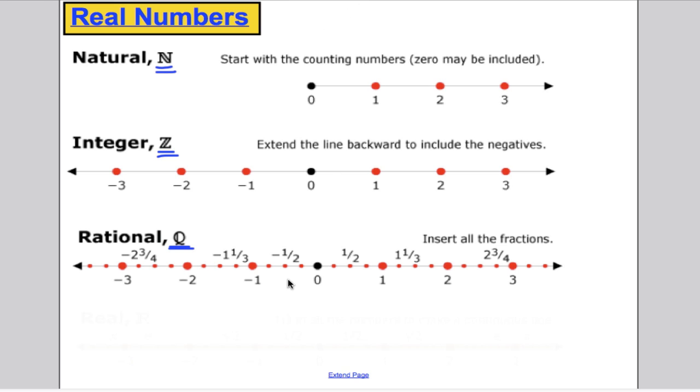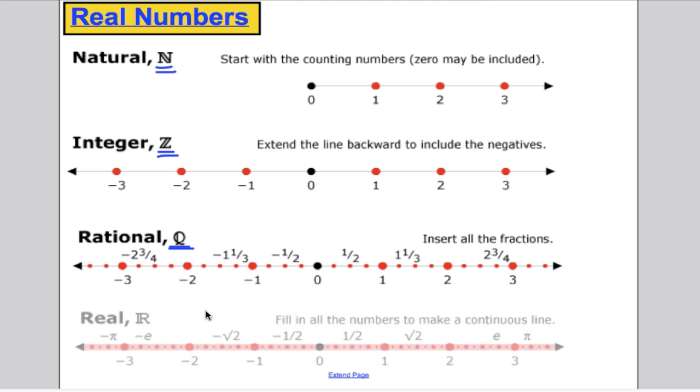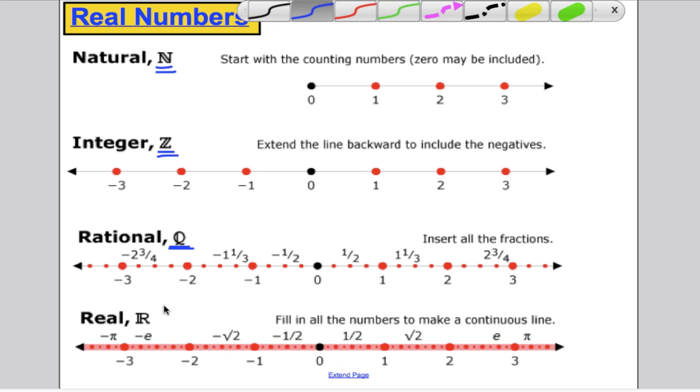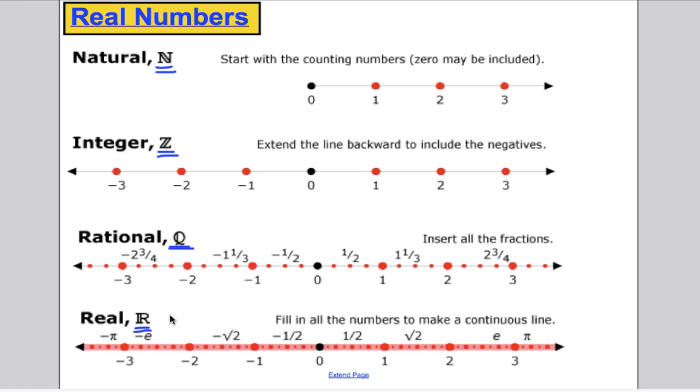And lastly, those numbers that could not be written as fractions were called the irrational numbers, like pi and e and root 2, etc. The combination of all these numbers together, the counting numbers, 0, integers, negative numbers, fractions, and then the irrational numbers, the complete number line, is called the real numbers, and we give it the capital R as a sign.